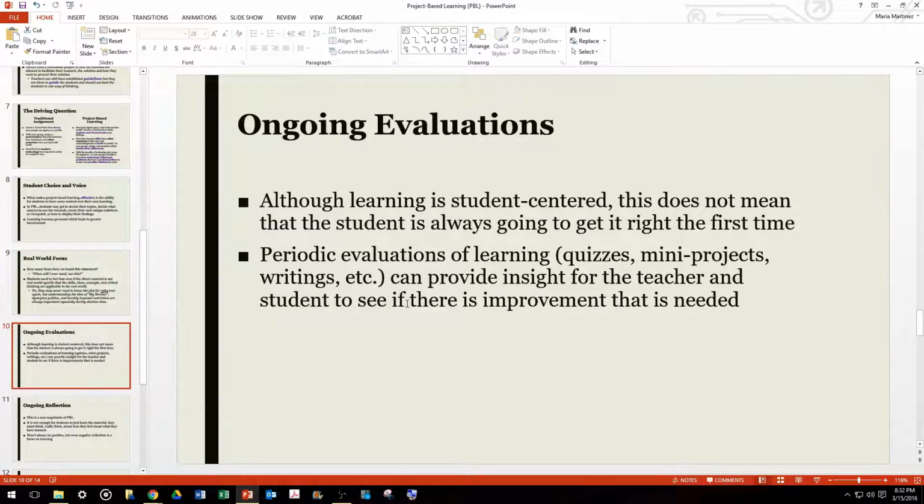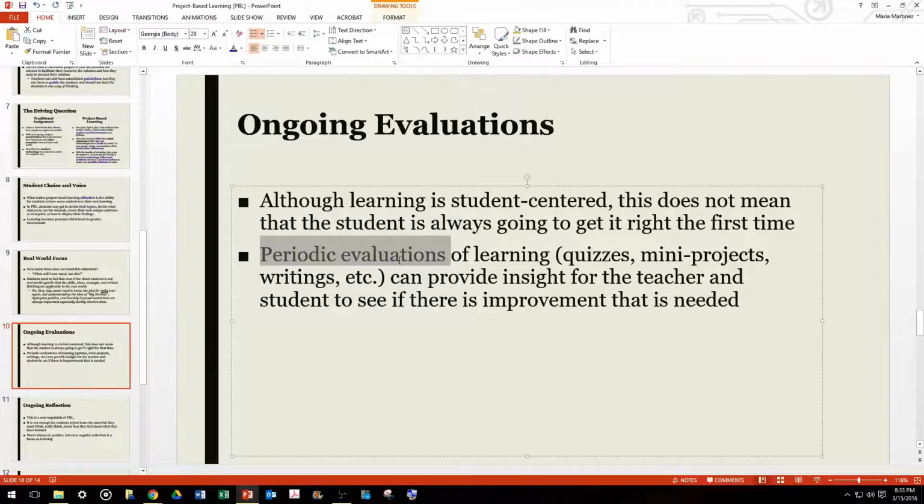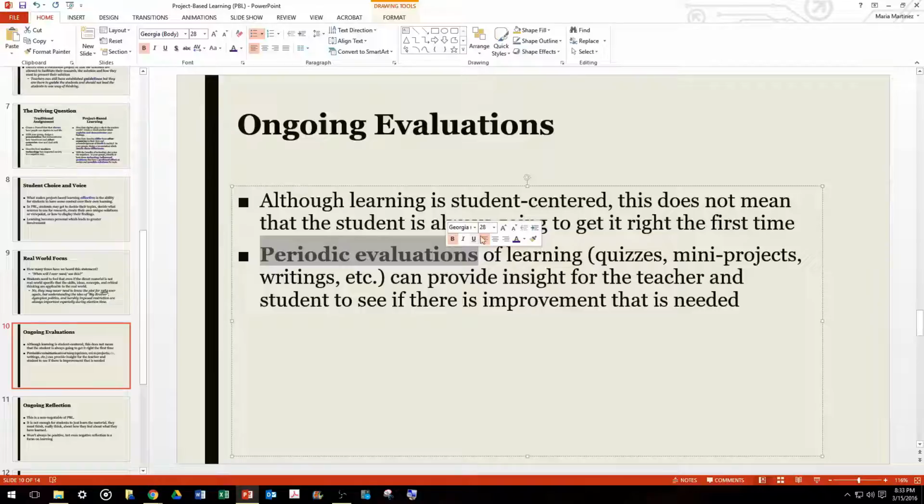Ongoing evaluations. Even though the students are directing their learning, even though we want them to, of course, take control of their learning, we as the teachers are still the guide, and we need to make sure that they are not getting off track. And so we need to do periodic evaluations to make sure that the students are understanding what it is that they need to be looking at.